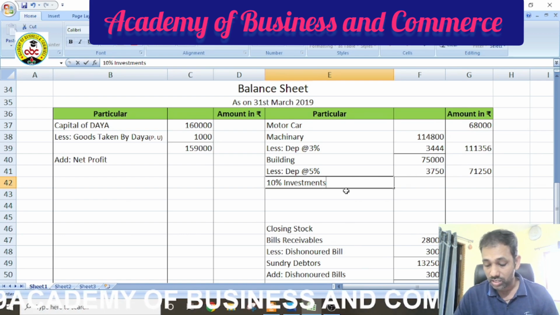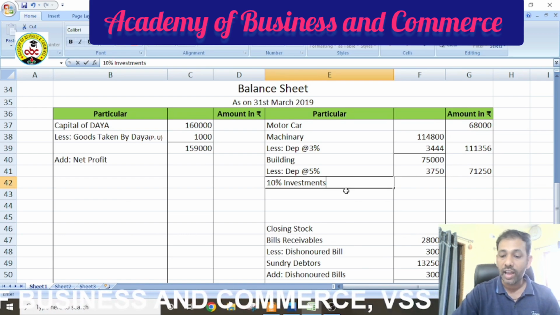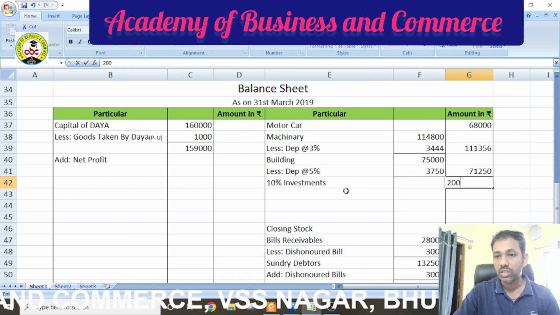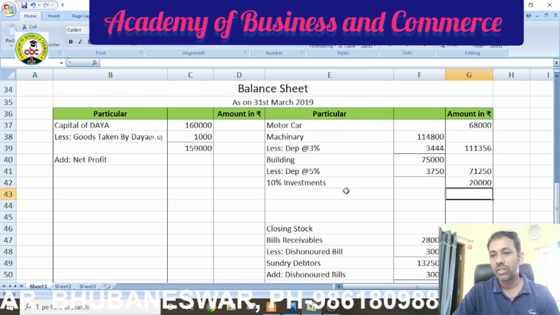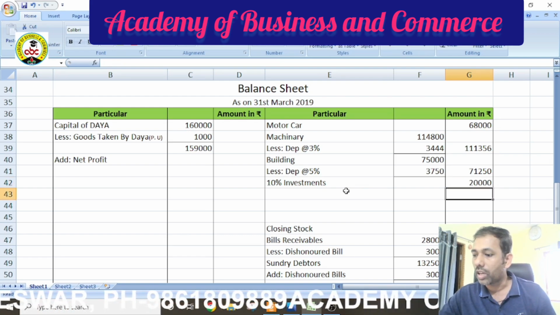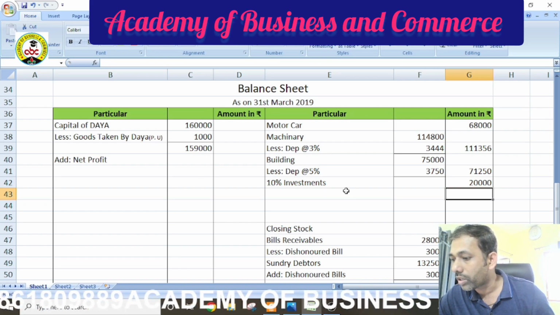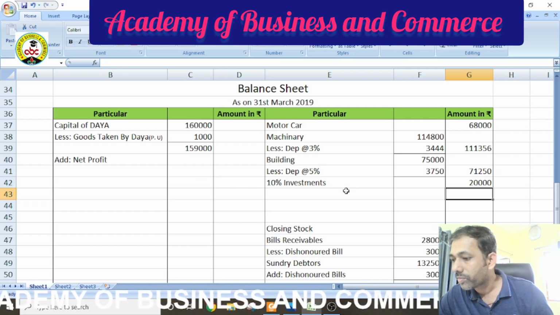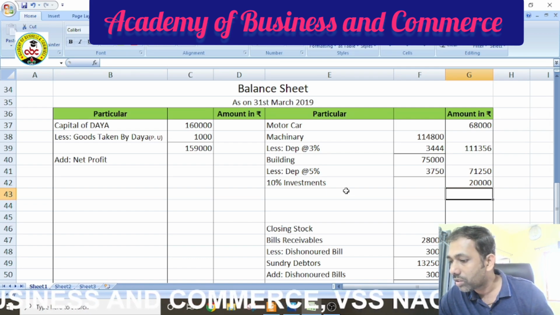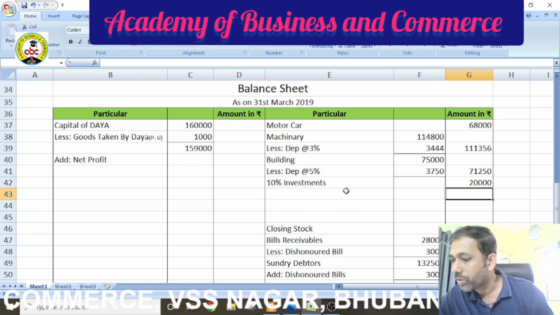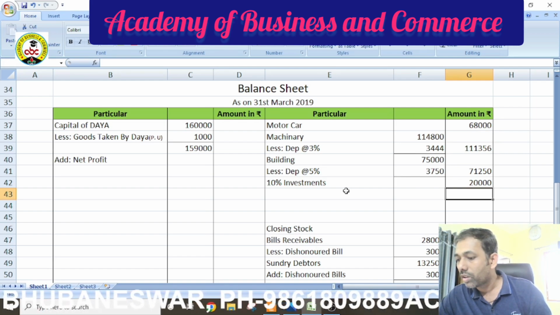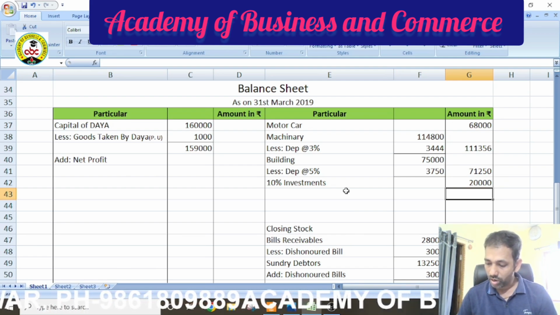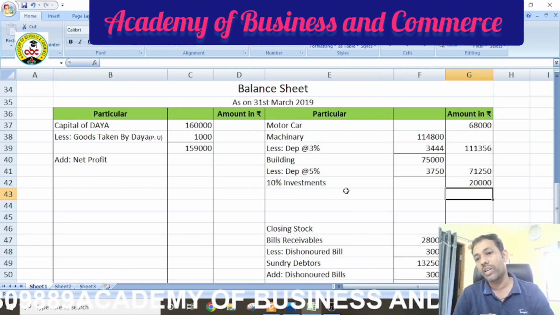That's why it is named 10% investment, and that value is 20,000. That is the investment amount which you have to take in the balance sheet.